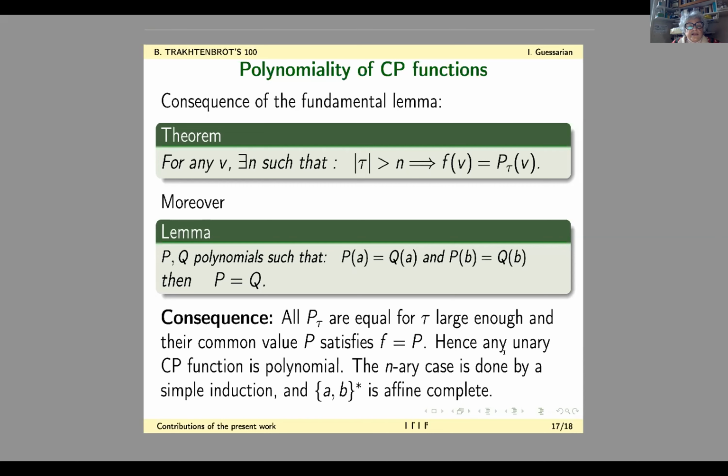So any unary CP function is polynomial, and we have it for the unary case. The n-ary case is exactly similar, except computations are much heavier. It's an induction. We did the induction from 0 to 1, and the induction from n to n plus 1 is the same. So the free monoid on 2 generators, a, b star with concatenation, is affine complete.